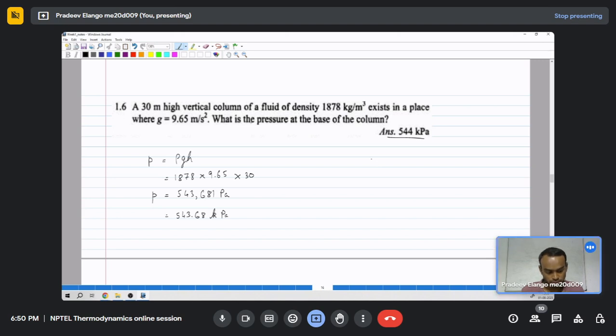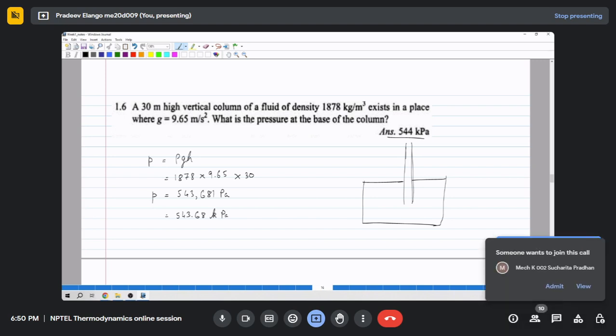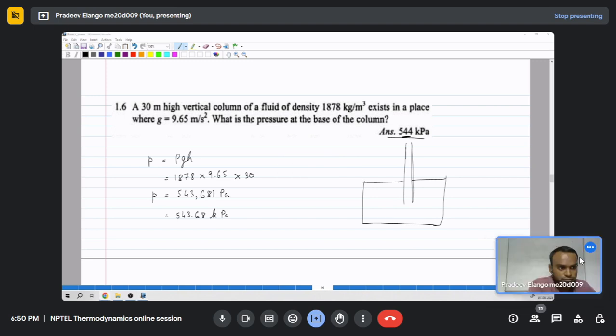Yes, it has to be added, but they didn't tell anything about the atmospheric pressure, so we don't have a clue. That is why they have also given 544 as an answer. Okay, fine.